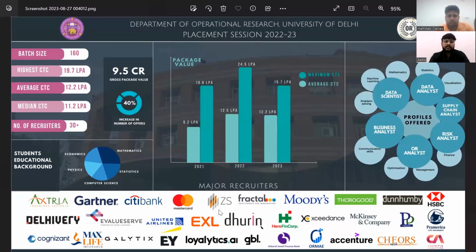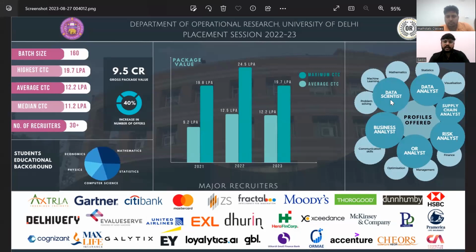You can also see the prominent recruiters that come to our campus for placements: Gartner and some well-known firms in the world, Citibank, Mastercard, ZS, Fractal, Moody's, Thoughtworks, Delhivery, and a lot of prominent recruiters. Those used to come to our department for placements.